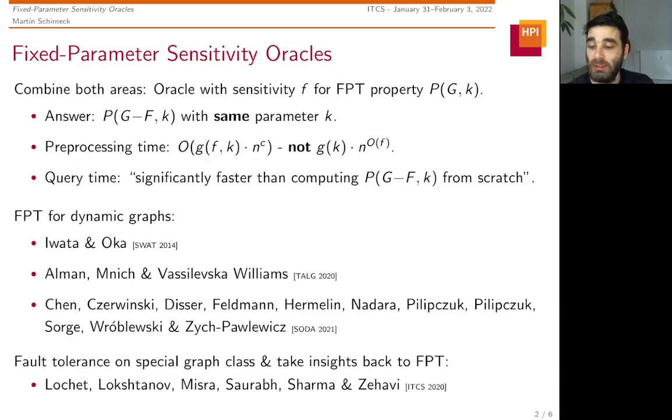And they found it in so-called bounded independence number graphs, and then they took this graph class back to FPT and showed that also some parameterized problems that are usually hard on general graphs admit FPT algorithms on this special graph class. So they took inspiration from fault tolerance and took it back to FPT, so essentially the other way around.